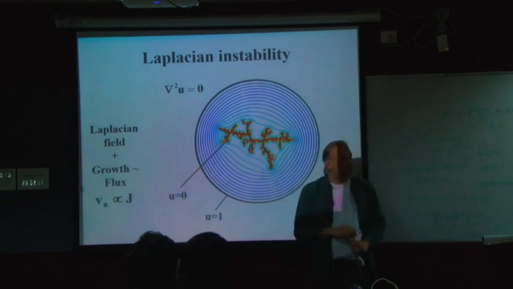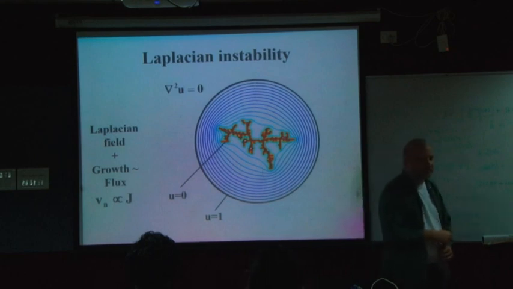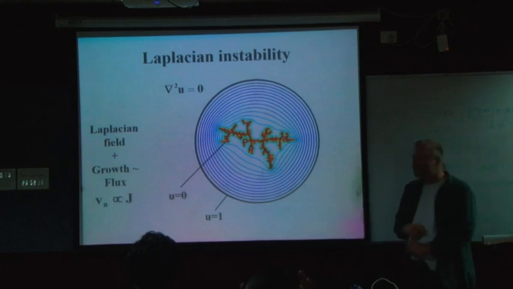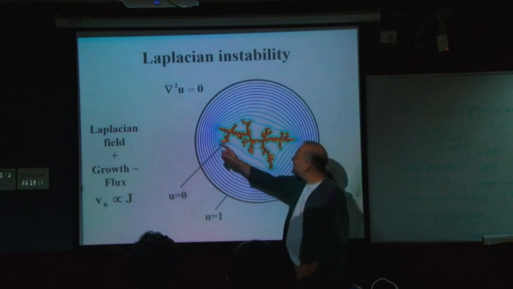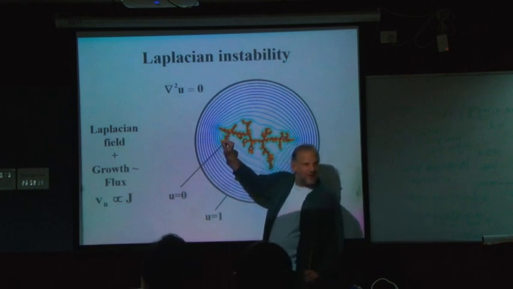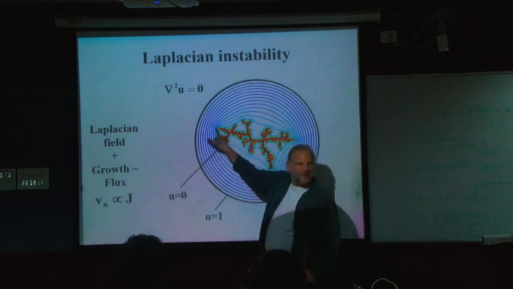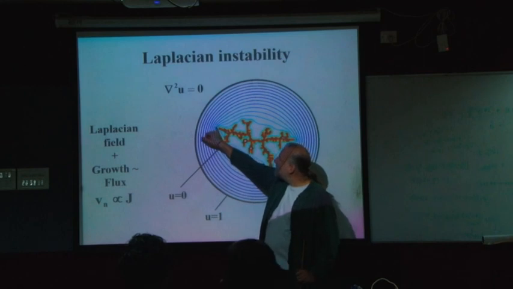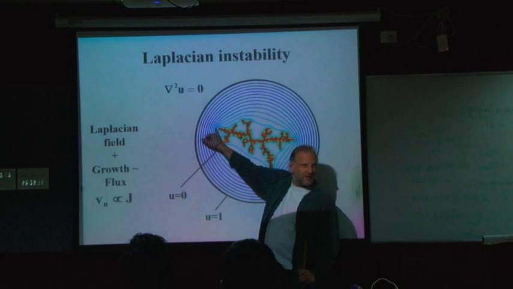Now imagine for a moment that I let the current flow through this potential distribution. What happens? Well, first of all, you know that the current is proportional to the gradient of the potential. The gradient of the potential is inversely proportional to the distance between the lines, so the gradient of the potential is reinforced at the tip. So the current is stronger at the tip.